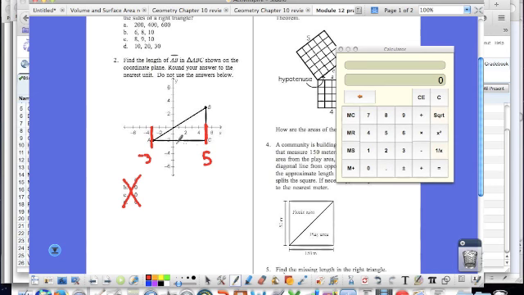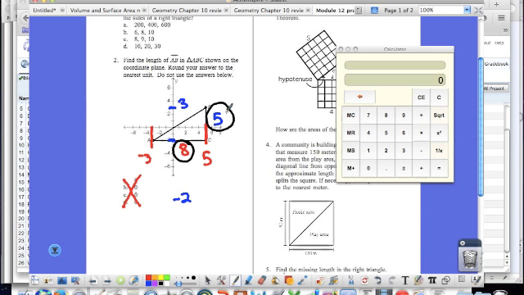How many spaces is that? 8. Okay? For this side, you're going from -2 up to 3. How many spaces is that? 5. Do you see how we got the lengths here of 8 and 5?